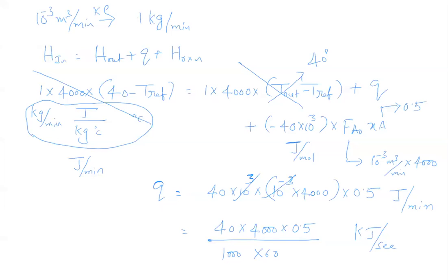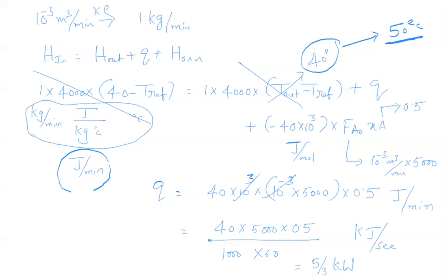CA naught is 5000, no? Sorry. So this will become 5 by 3 kilowatts. What is the next question? Just replace this with 50 degrees centigrade. But remember, here the units you are getting are joule per minute, but you need to convert to kilowatts.